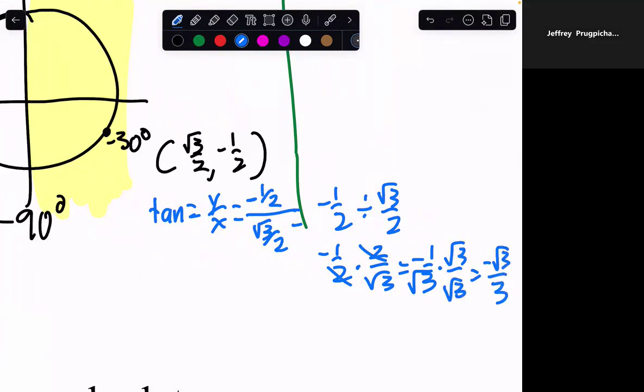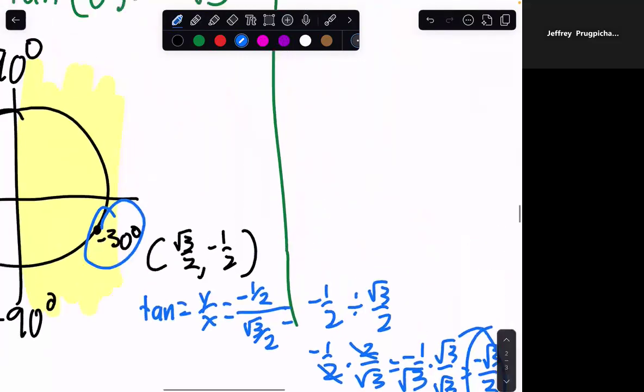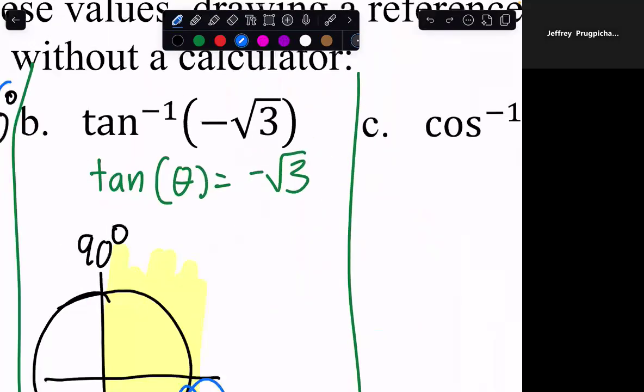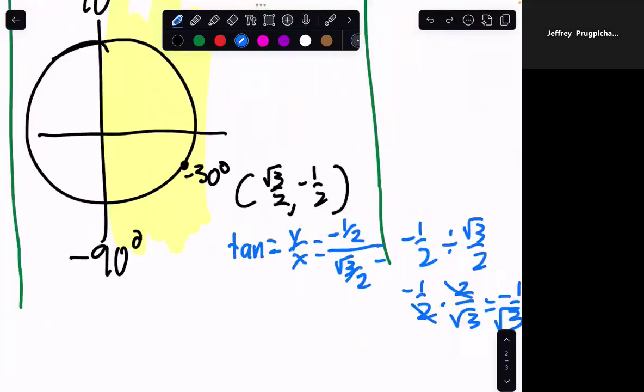So it's not correct. Tangent of negative 30 degrees is negative radical 3/3. We just want plain negative radical 3. So it's not negative 30 degrees.